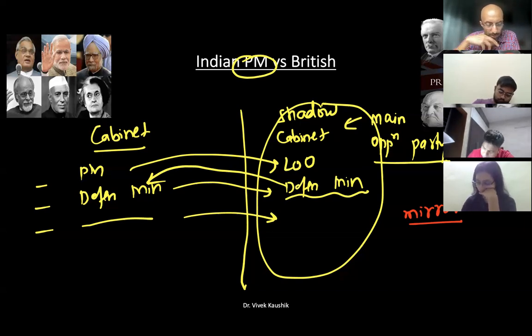Shadow cabinet allows opposition MPs to gain in-depth knowledge and expertise in their respective portfolios.